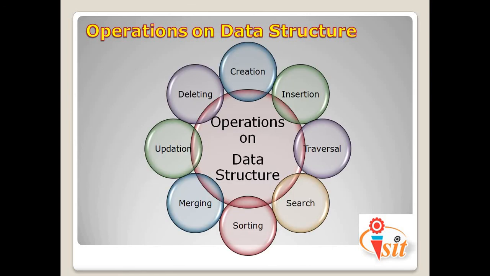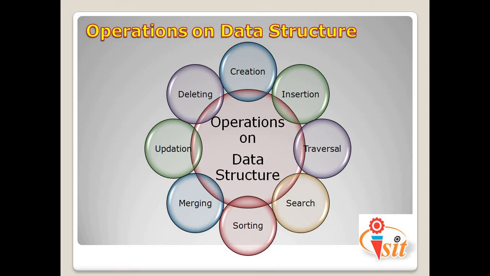To summarize, operations on the data structure: in total we have 8 operations. The first one is creation. Here we create our own data structure as per the requirements. Insertion means we insert the data into the data structure from the beginning, at the end, or at a given location. We can traverse the data structure.